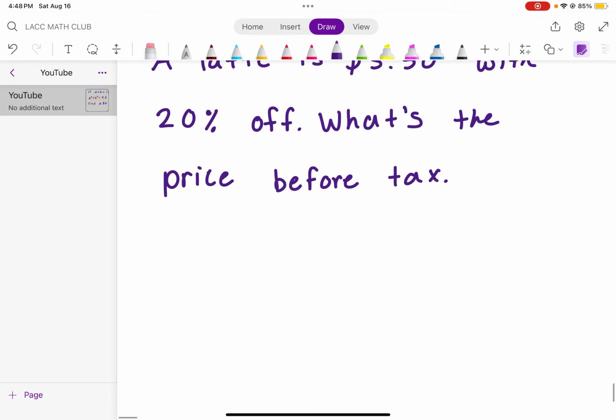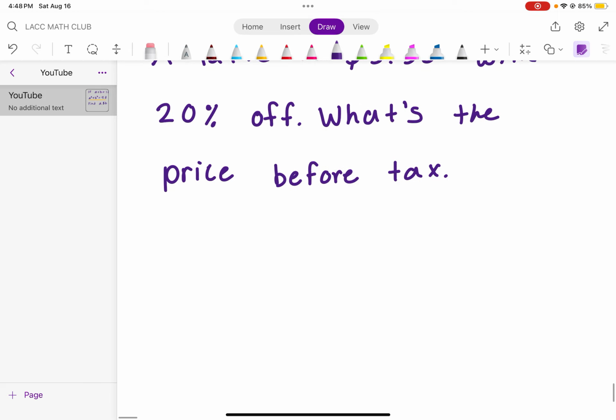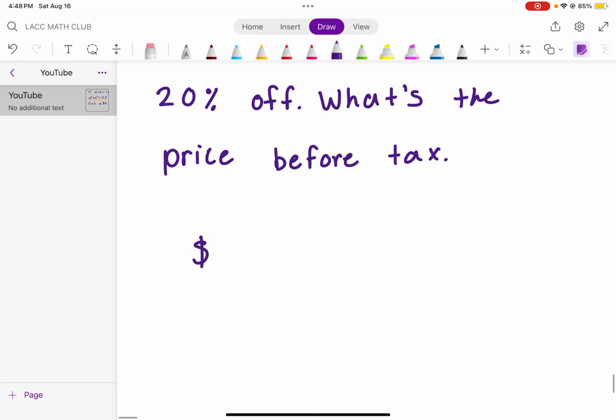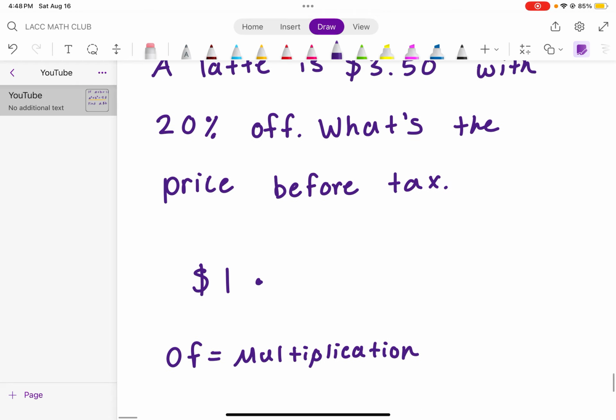Remember, when we're taking percentages of something, like I want to find 20% of $1, of in math typically means multiplication. And we can rewrite percentages as decimals.